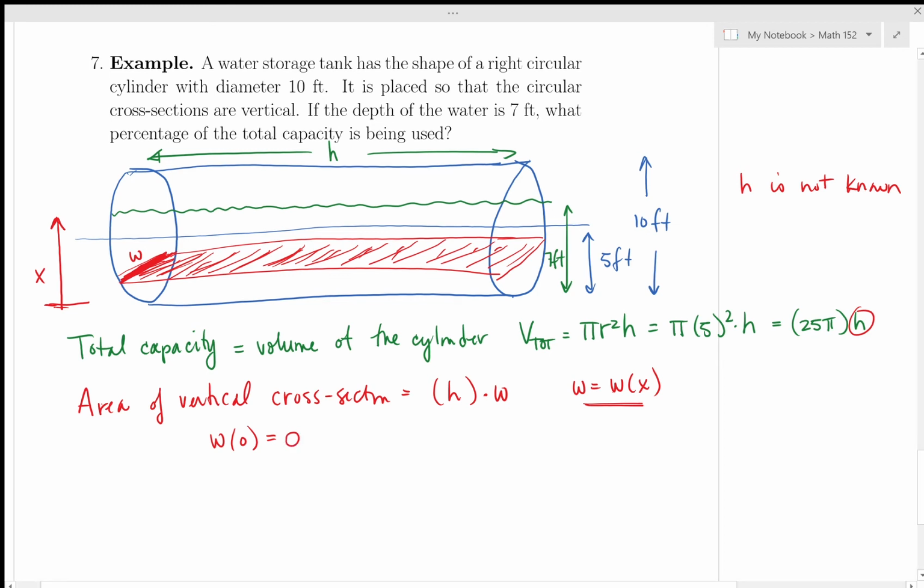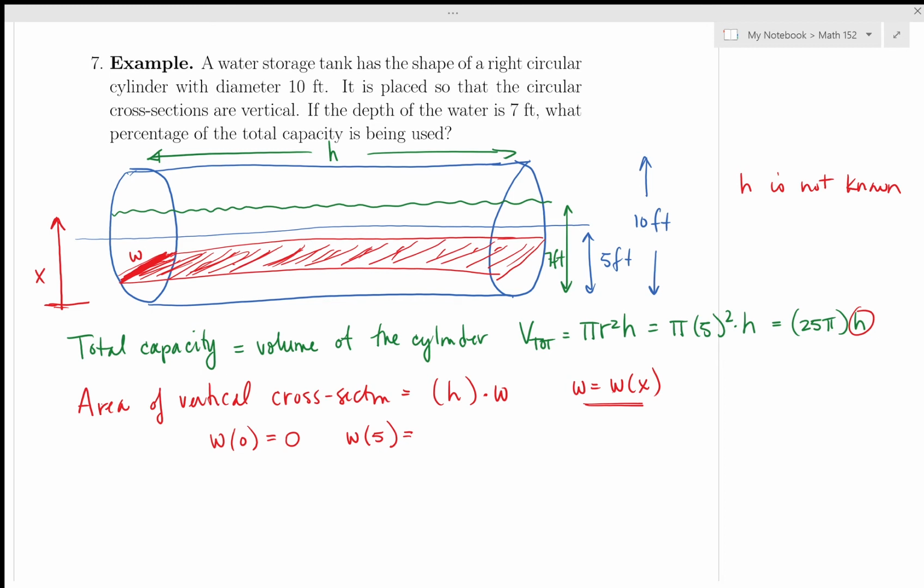Okay, then another easy point to identify is what the width of my rectangular cross section would be at 5. When the water in the tank was half full, that rectangle would be right along the diameter of the cylinder.